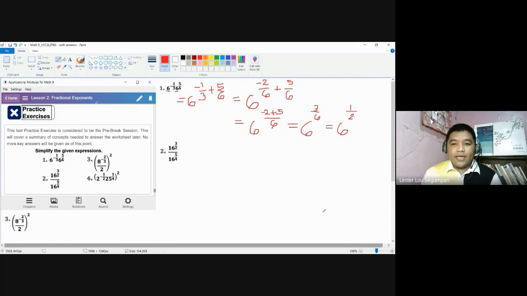After this, there is another law. We have the multiplication law of exponents, division law of exponents, power law, law of zero exponent, law of negative exponents.